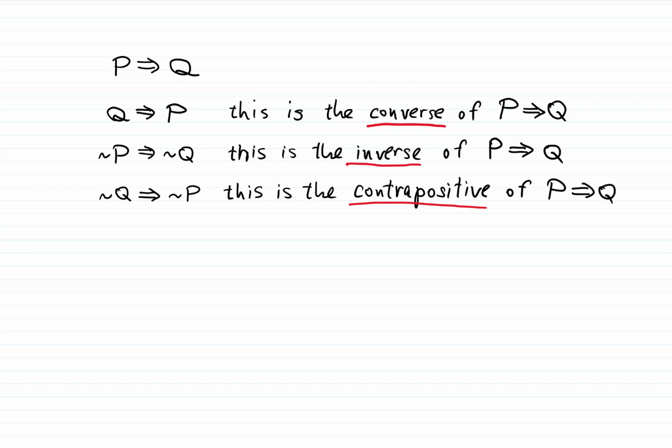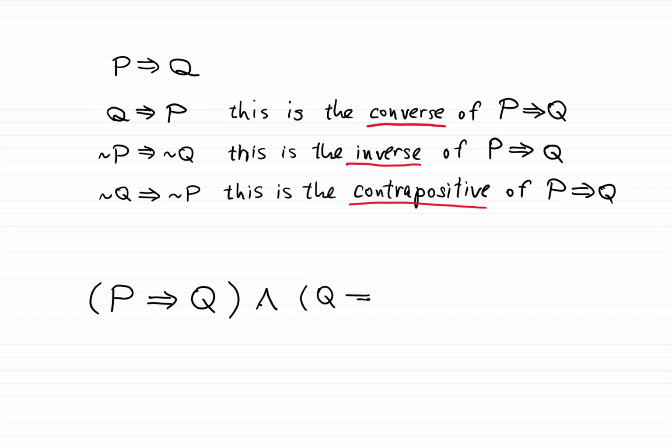All right, so that's a lot about what are called conditional statements. Now, there's something called a biconditional statement, which is this. What if you have P implies Q and Q implies P?